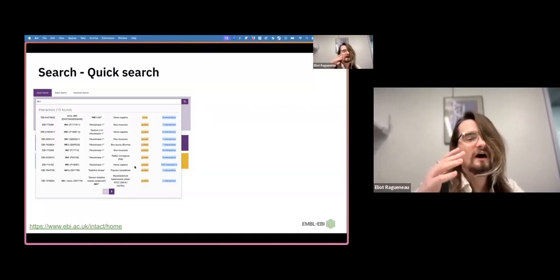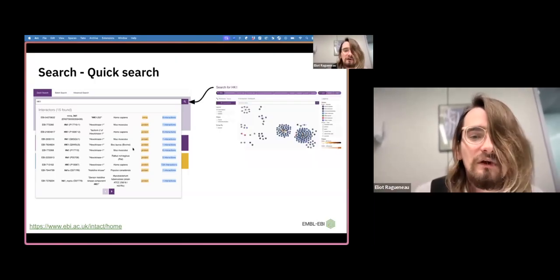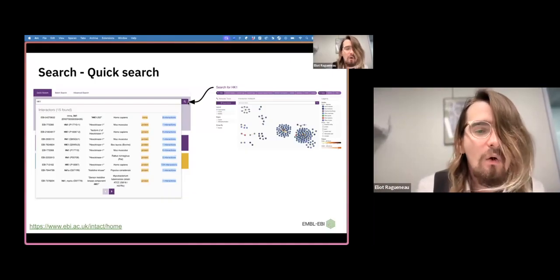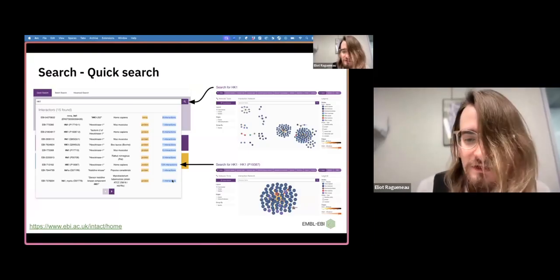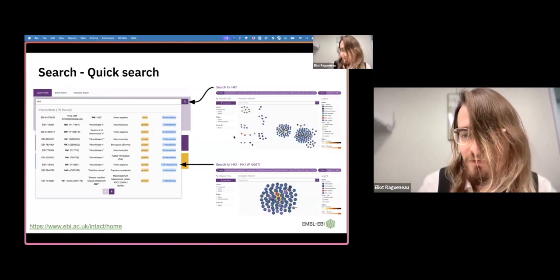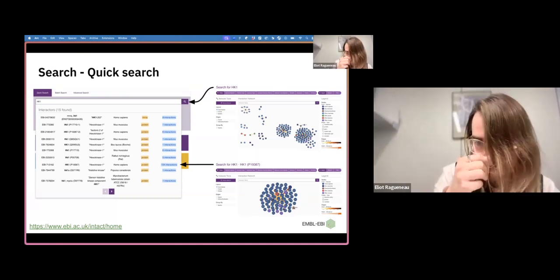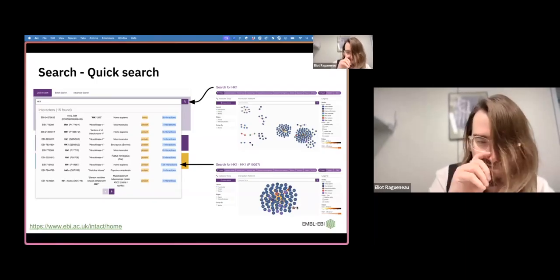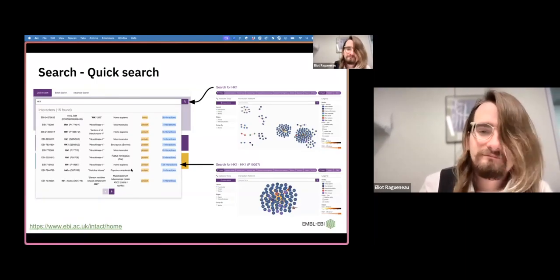So you have many different variations around hexokinase, and you can either search for the whole family of hexokinases, or specify which specific hexokinase you're really interested in by clicking on the row. So for instance, this is the difference between loading all of the hexokinases and loading just one specific one. You can see that instead of having all those many blobs, you have just one corresponding to this human protein.